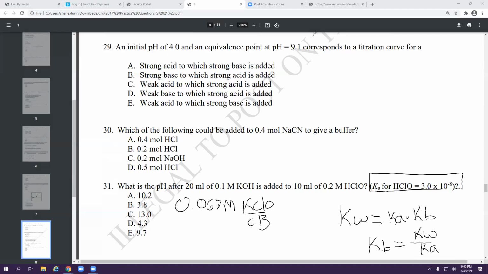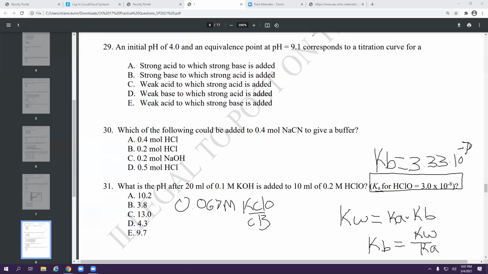So 1 times 10 to the negative 14th divided by 3 times 10 to the negative 8th. I got a Kb value of 3.33 times 10 to the negative 7th.